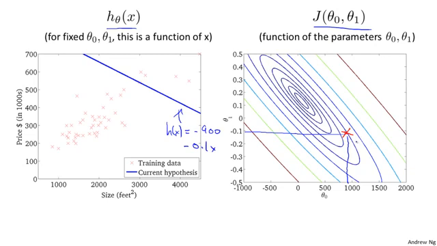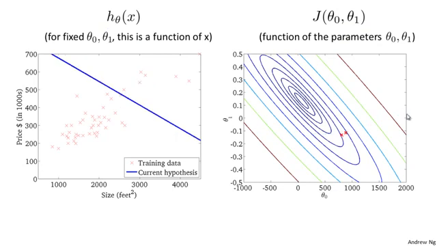Now, if we take one step of gradient descent, we end up going from this point out here a little bit down and left, to that second point over there. You notice that my line changed a little bit. As I take another step of gradient descent, my line on the left will change, and I've also moved to a new point on my cost function.